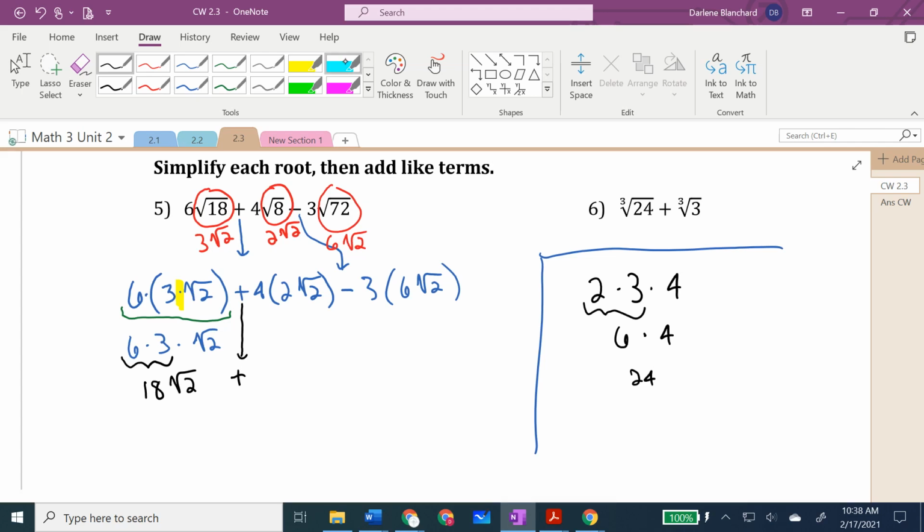Now look at the second term. What is the most you can do to simplify just what is highlighted in blue right there? Tell me what you get for simplifying the blue highlight.